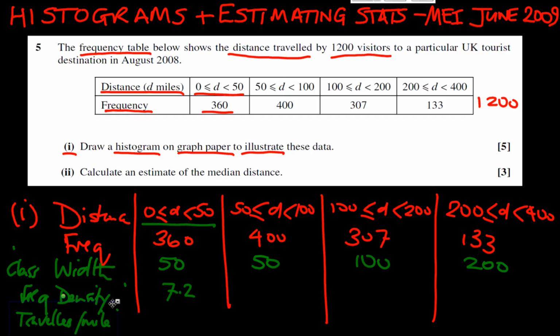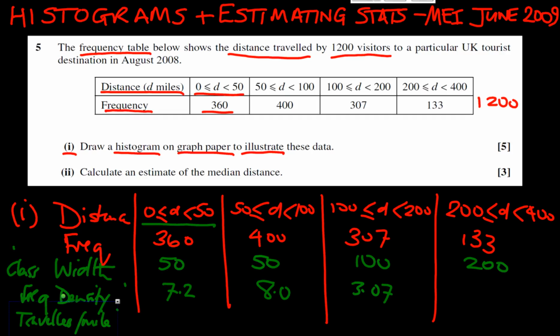Okay, so the next part: if we've got 400 travellers who travelled in this 50-mile bracket, that's 8.0 travellers per mile on average. Here we've got 370 in a 100-mile bracket width, so that's 3.07 travellers per mile.